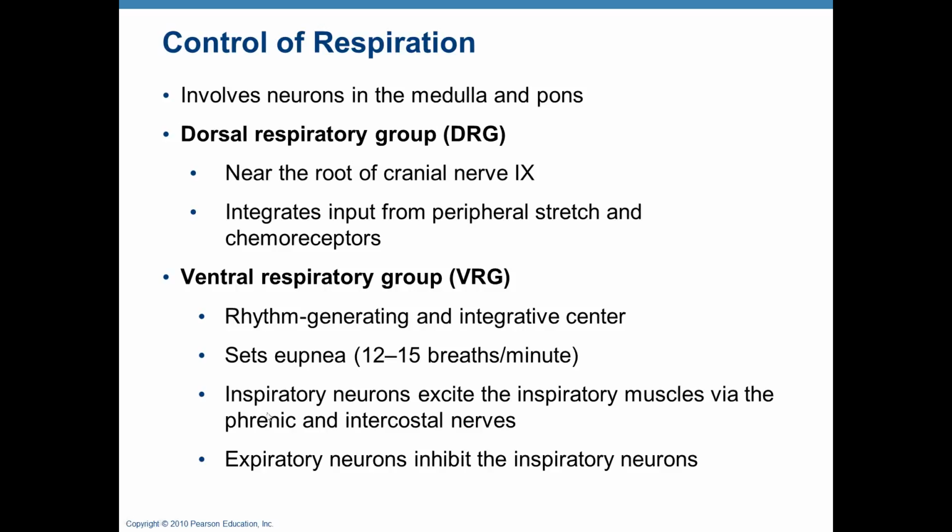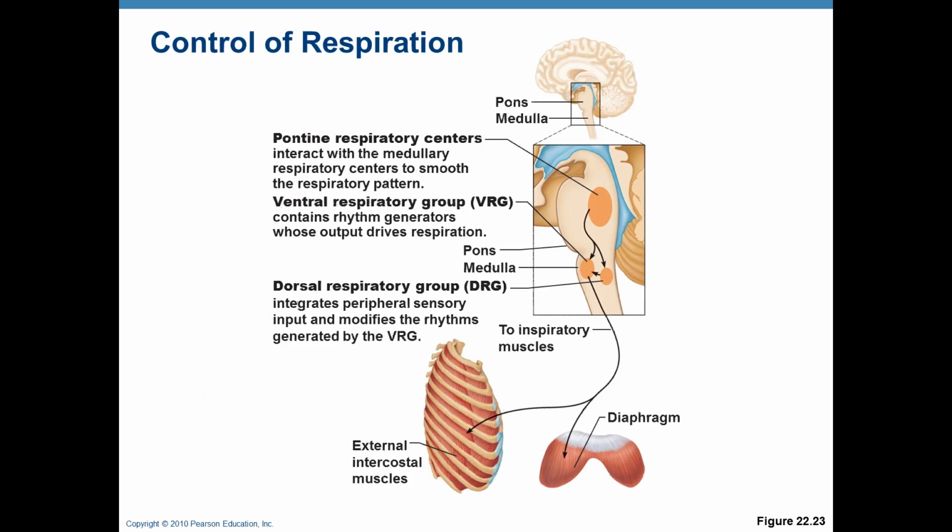The neurons in this group have to send signals to the motor neurons that control your diaphragm and intercostal muscles, to stimulate them to contract to help control your breathing. Then there also are expiratory neurons. Some neurons have to inhibit those neurons that are trying to excite your diaphragm and intercostal muscles, so that the diaphragm and those other muscles will relax so that you can exhale.